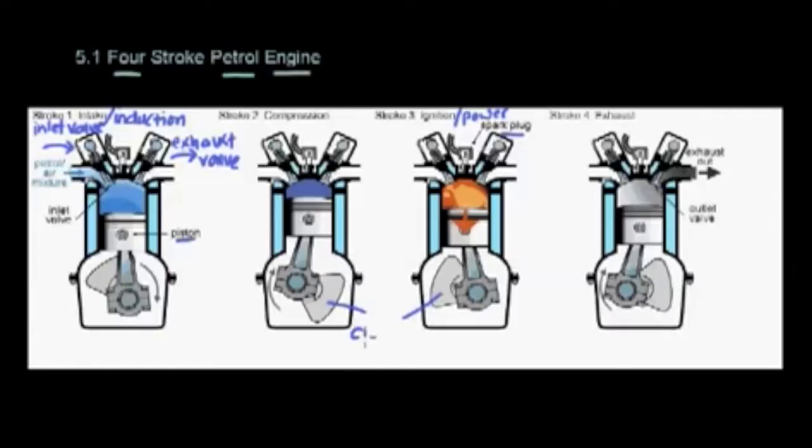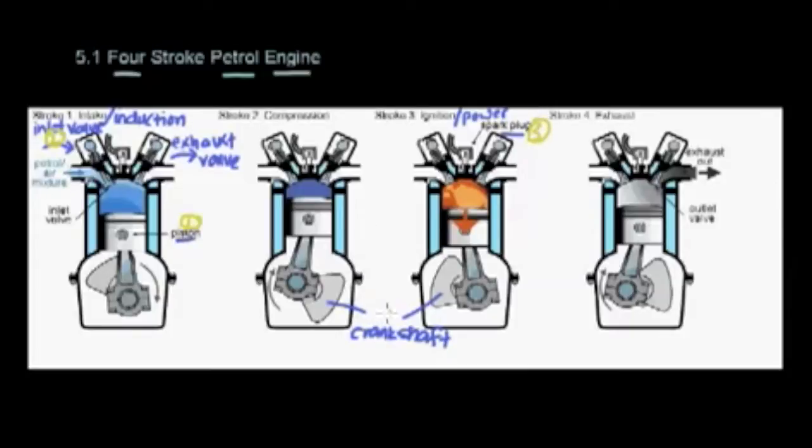So for a typical cylinder, what do we have again? We have 4 parts, right? The first part is the piston. The second part is the inlet valve as well as the exhaust valve. The third part is the spark plug, and lastly is the crankshaft.